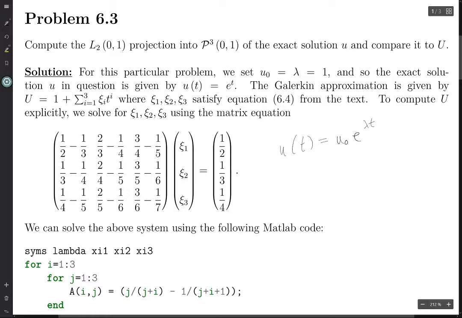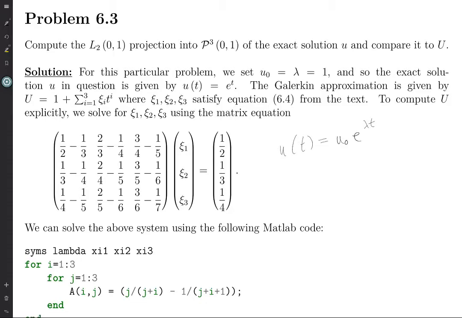But there are still a lot of constants here, so we need to step down another level in generalization and choose values for u naught and lambda. It's a little unclear from the problem statement what level of abstraction they're asking for, but it turns out they want you to look at something you can really get your hands on.